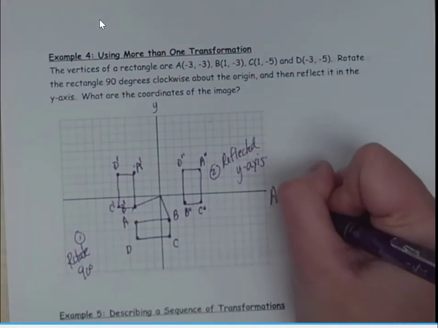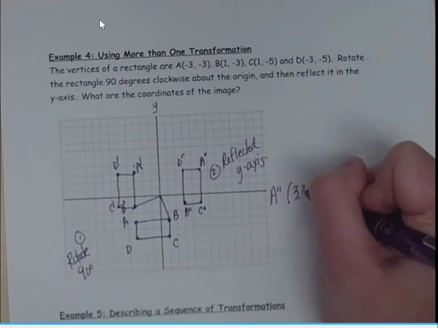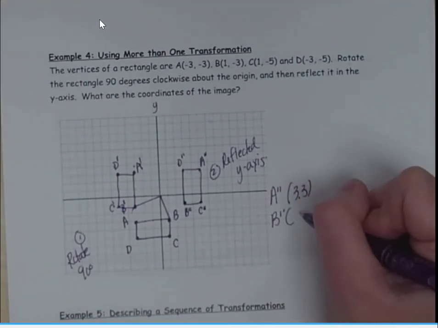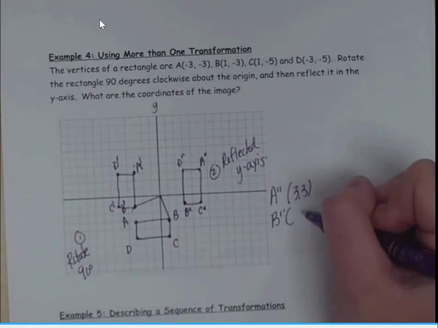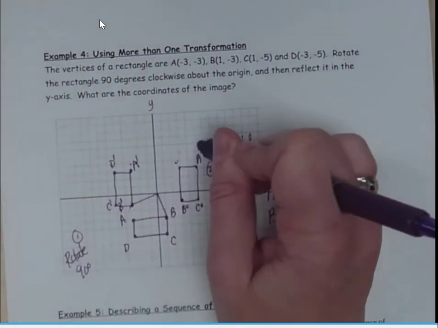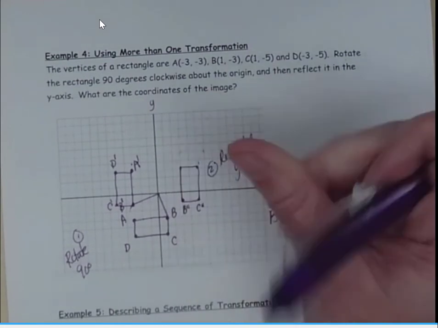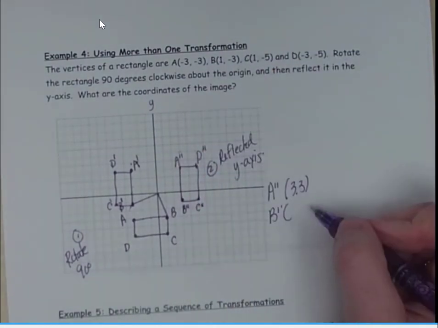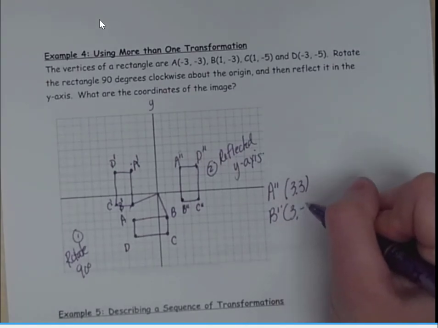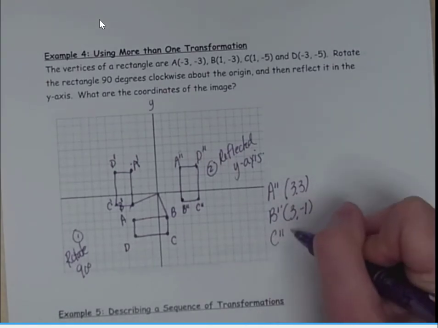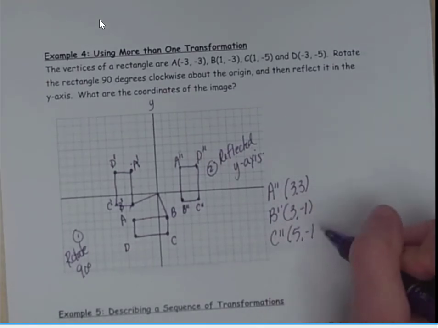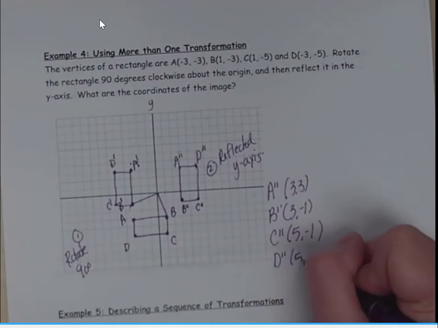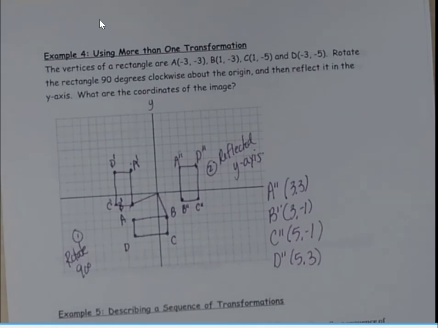So my new points: A double prime is at 3, 3. I got these mixed up. That's my A. That's D double prime, I apologize. B double prime is at 3, -1. C double prime is at 5, -1. And D double prime is at 5, 3.